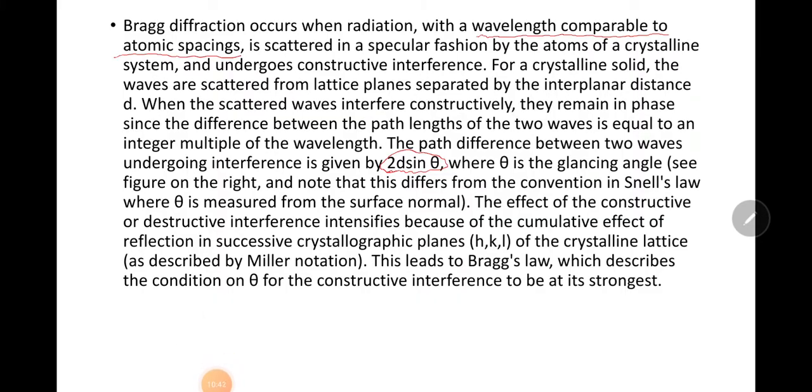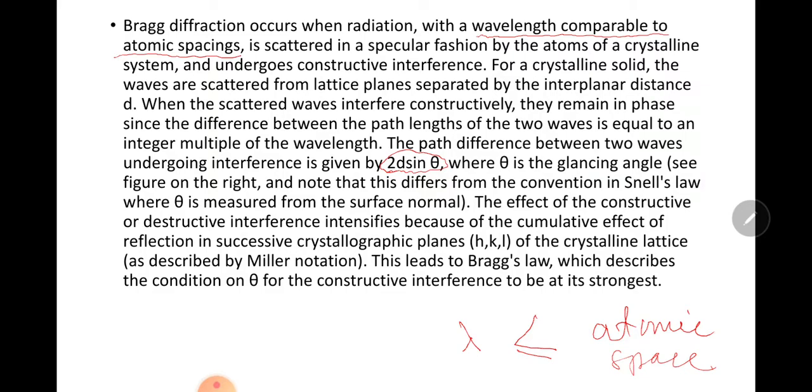For Bragg's diffraction, it only occurs when the wavelength is comparable to the atomic spacing. When the wavelength lambda and the atomic spacing are equal, then Bragg's diffraction will take place, otherwise it will not occur.